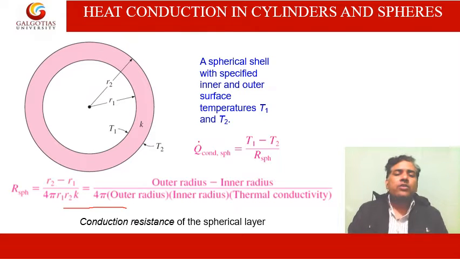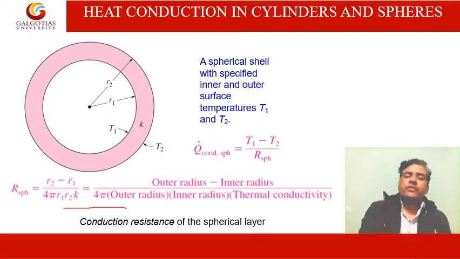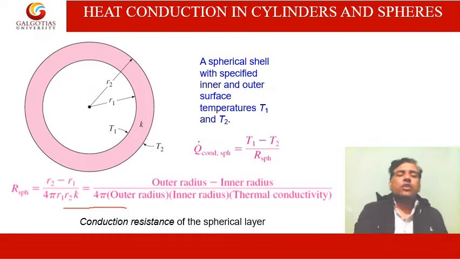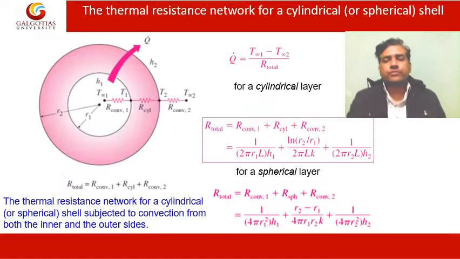Okay, R2 is the outer radius, R1 is the inner radius, and k is the thermal conductivity. Okay, so this is the thermal resistance that can be calculated using the thermal resistance analogy, and this R is also called the conduction resistance.